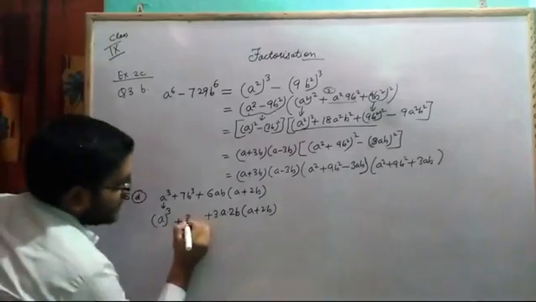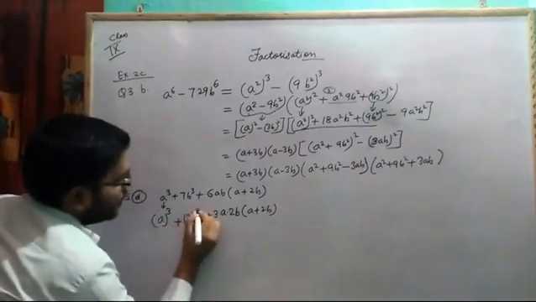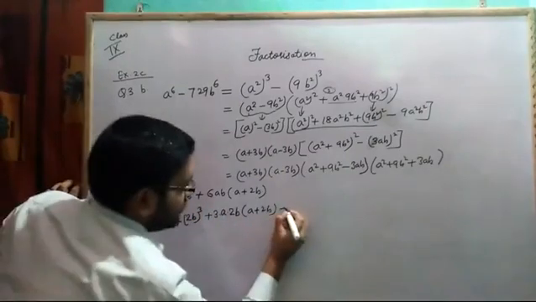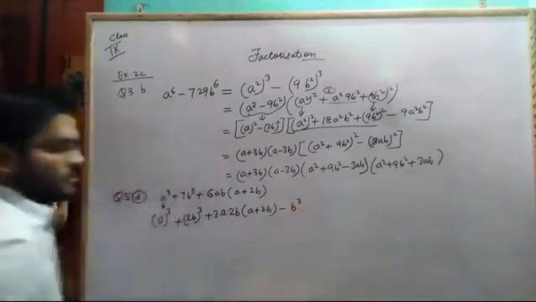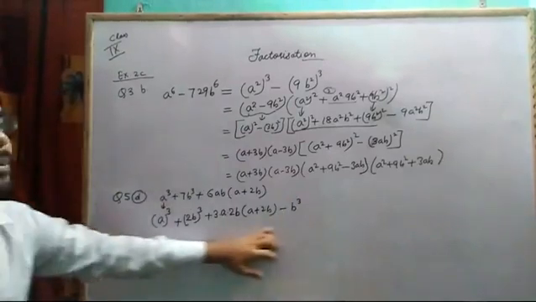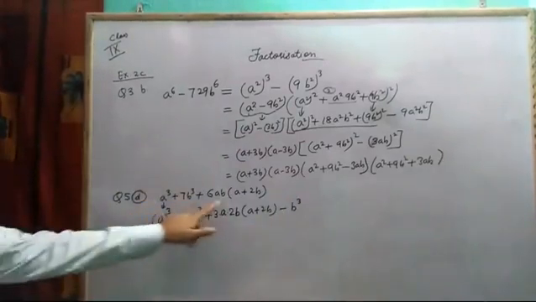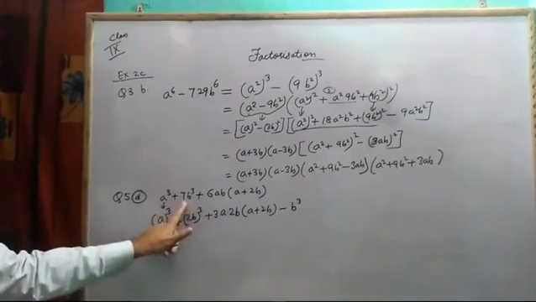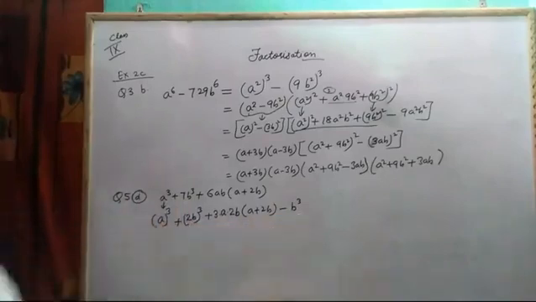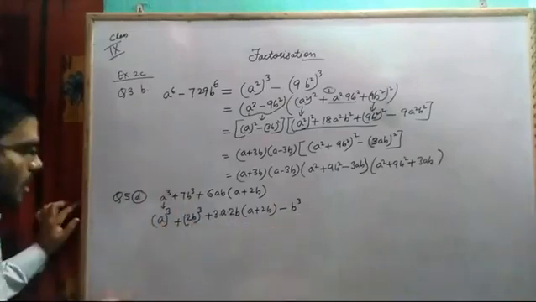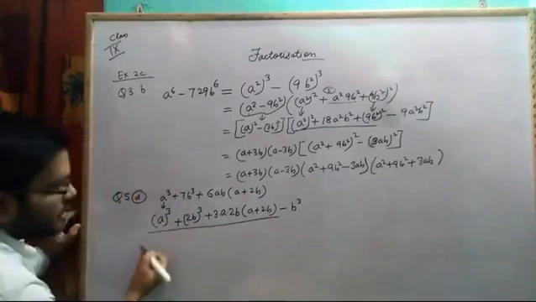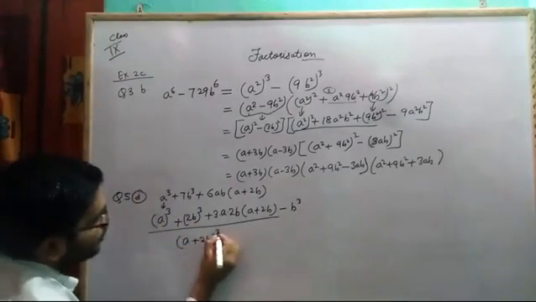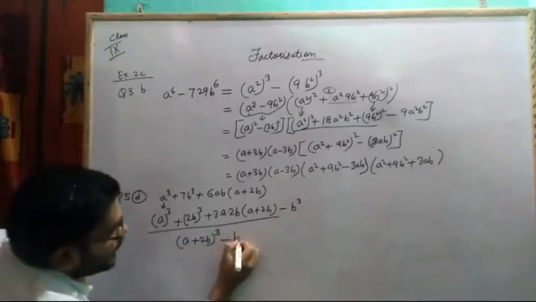If I write this as (2b) whole cube, it will become 8, but actually it is 7. What do I have to do? I will subtract 1 to make it a perfect one. Here a cube, this same I have copied here. This I have increased by 1. In place of 7 I wrote 8 and then I have subtracted in this line to bring it into a certain formula. Now from here to here, if you see, it is in the form of (a plus 2b) whole cube, and b cube I have already written here.